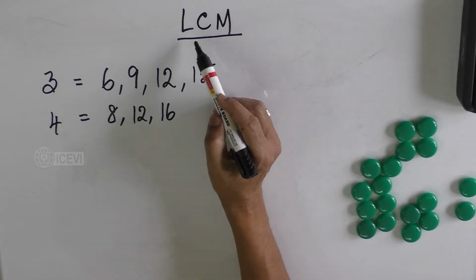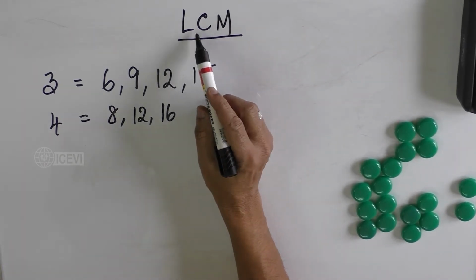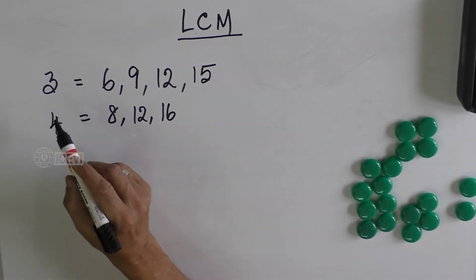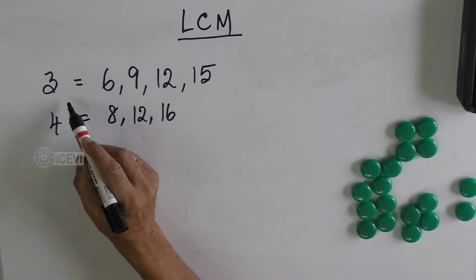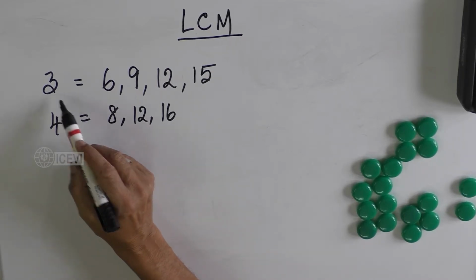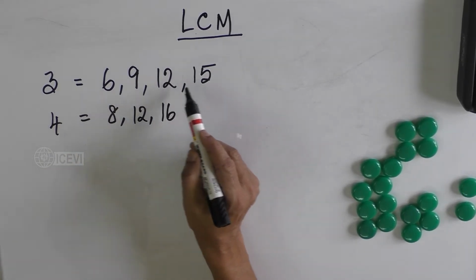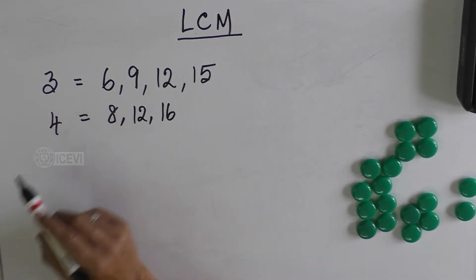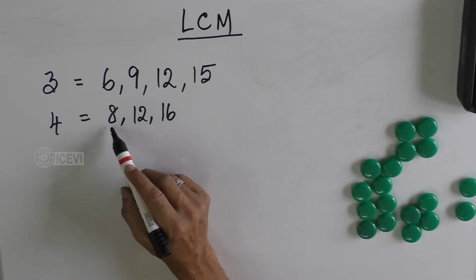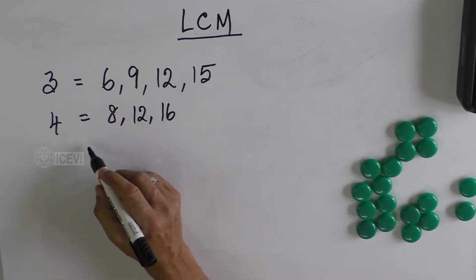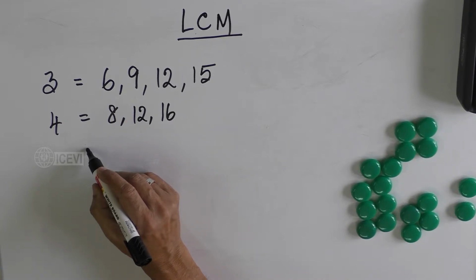So in order to find out the least common multiple, first you have to find out the multiples of the first number and the second number. In this case, the multiples of the first number are 6, 9, 12 and 15. Now the multiples of the second number are 8, 12 and 16. Right. Now here, what are the common multiples?